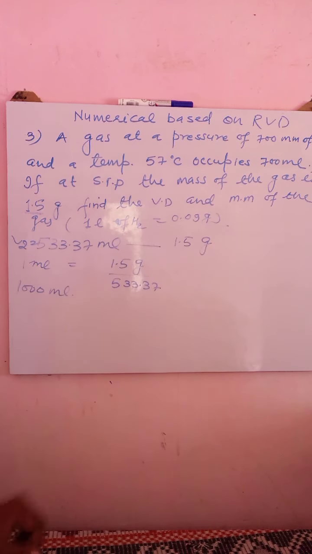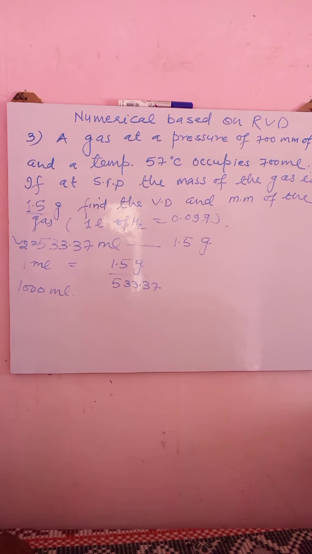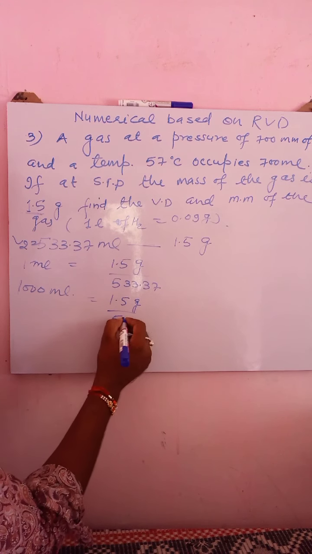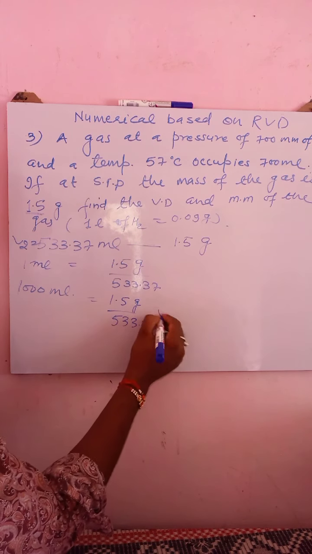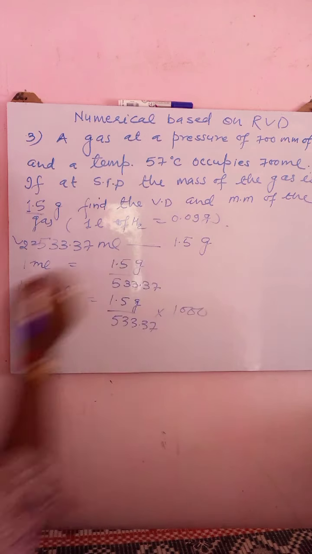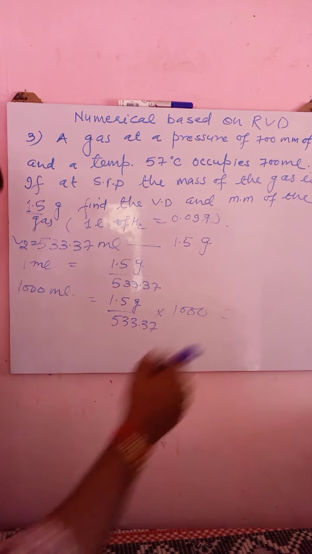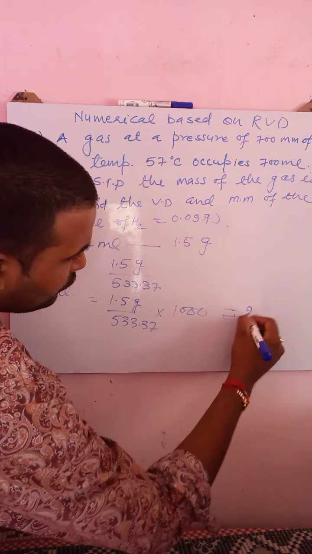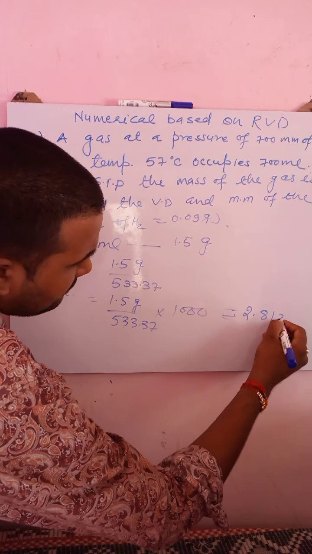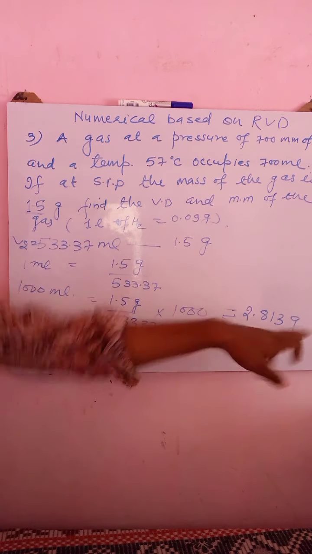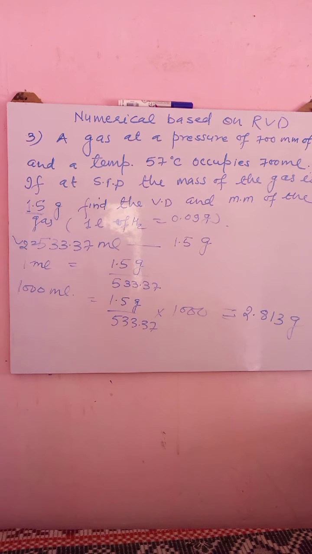So 1000 ml will weigh 1.5 gram divided by 533.37 into 1000, which is equivalent to 2.813 gram.